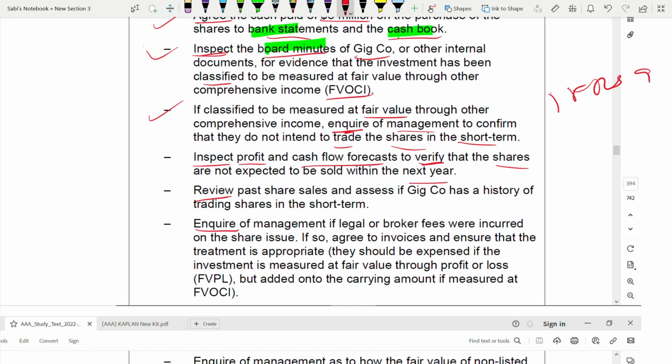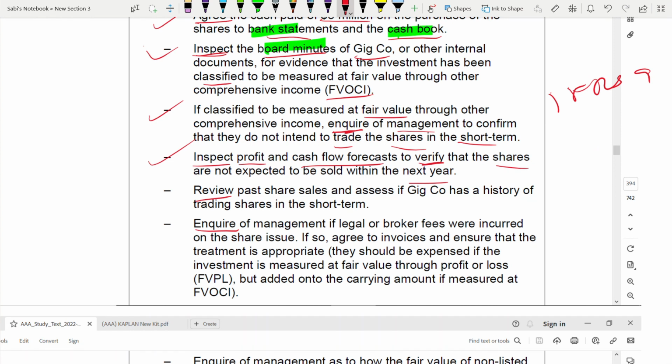Two places. One is cash flow, because you are going to receive cash for selling that share. The other one is profit. You are going to have a profit or a loss on that disposal of share. That's why you inspect your profit and cash flow to verify that shares are not expected to be sold.